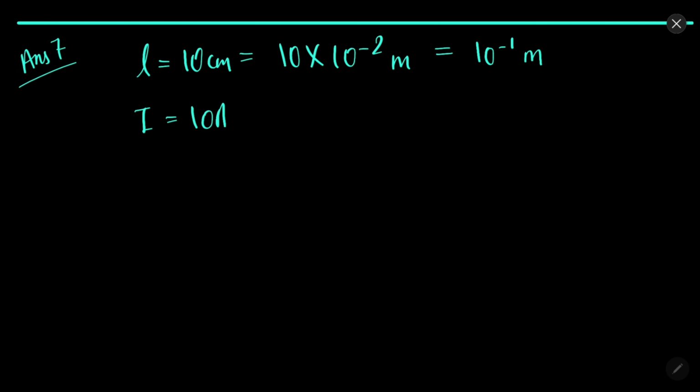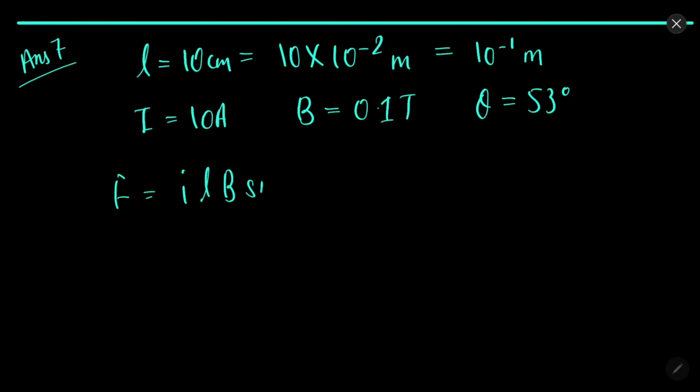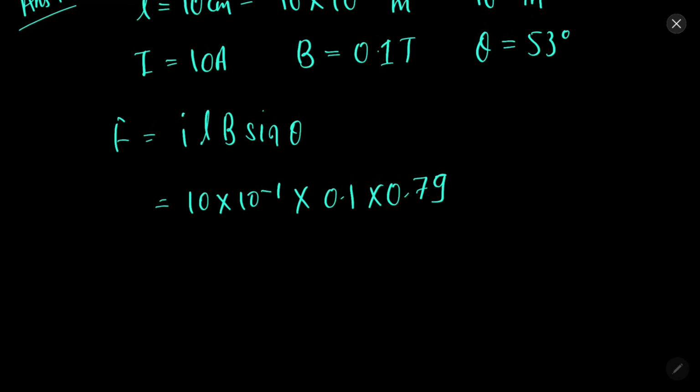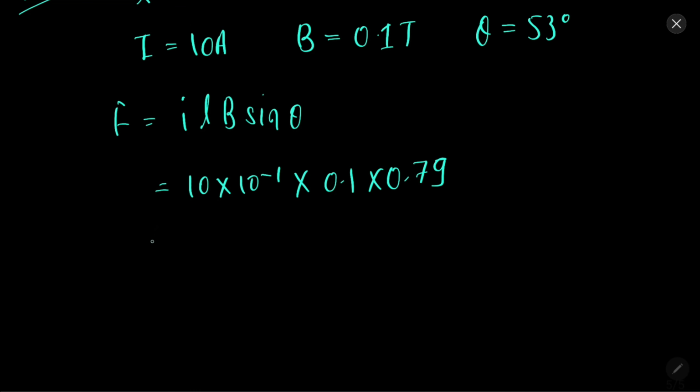Current is 10 ampere. Magnetic field is 0.1 Tesla. Angle is 53 degrees. F will be I L B sine theta. So 10 into 10 to the power minus 1 into 0.1 into 0.79. Sine 53 degrees is 0.79.